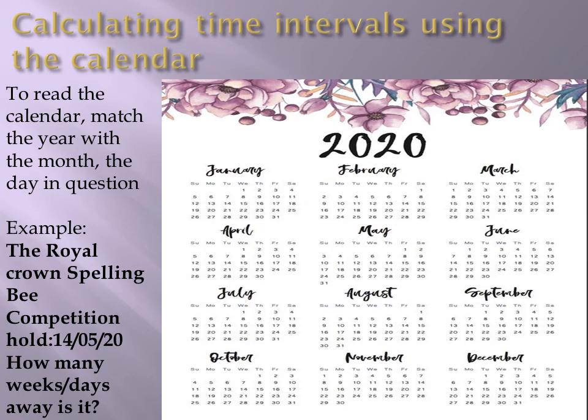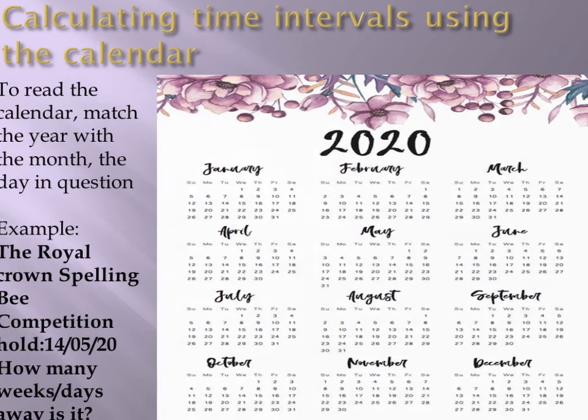Then down to May 4th, 5, 6. 6 weeks. And from May 11th to 14th May is 3 days. You start counting the days also from the next day, which is Tuesday. 1, 2, 3. So that's 6 weeks and 3 days from now. So that exactly is what it is to calculate time intervals using the calendar.